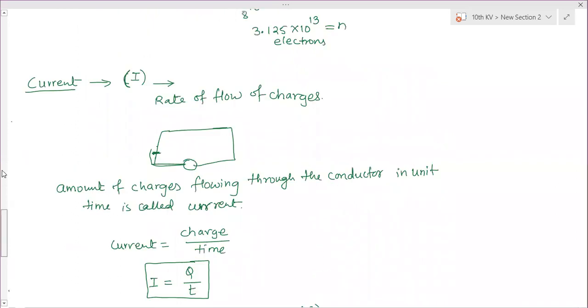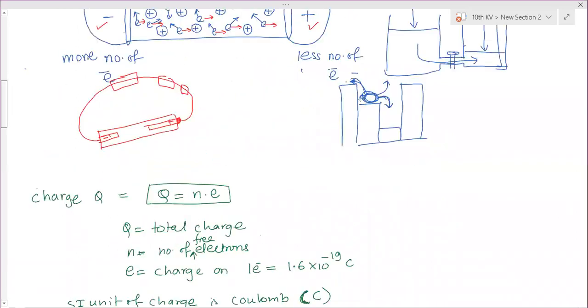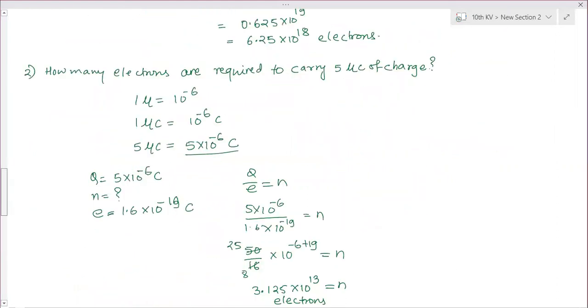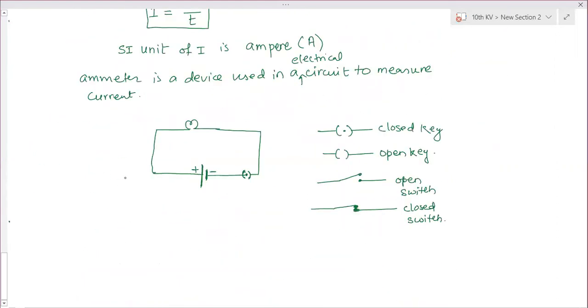The electrons are moving from negative to positive terminal, which constitutes the current. But the direction of current is taken opposite to the direction of electrons, from positive to negative, and that is shown by the arrow. The arrow represents the direction of the current.